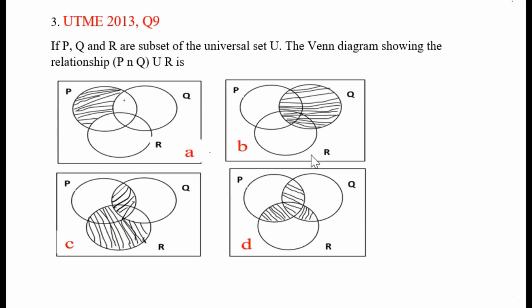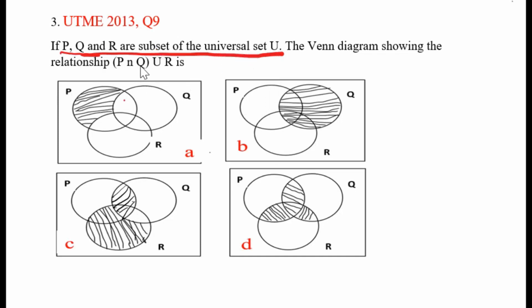The next question says, if P, Q, and R are subsets of the universal set U, the Venn diagram showing the relationship P intersection Q union R is. First of all, this first statement, P, Q, and R are subsets of U. All our options support this first statement.